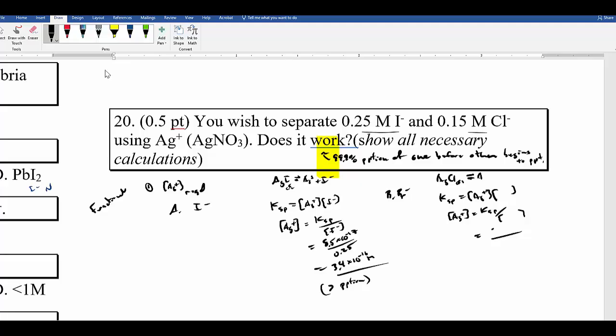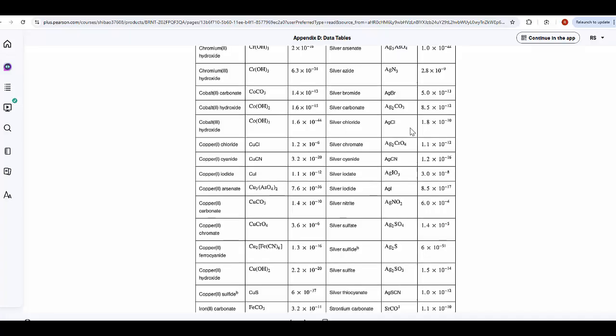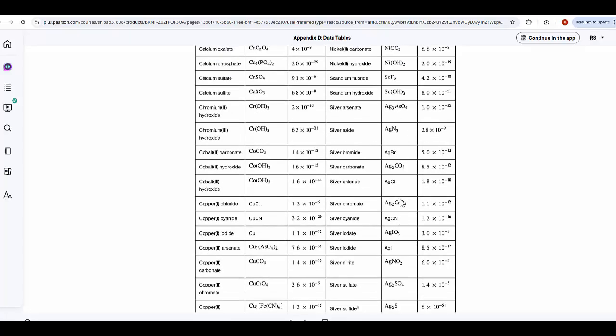It's going to give you silver and chloride. Okay, so silver chloride is 1.8 times 10 to the minus 10.